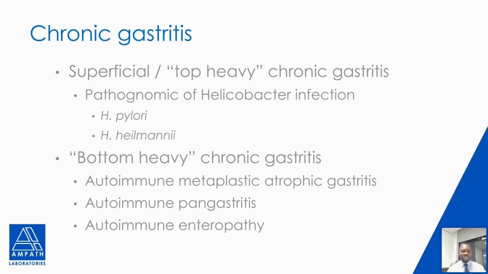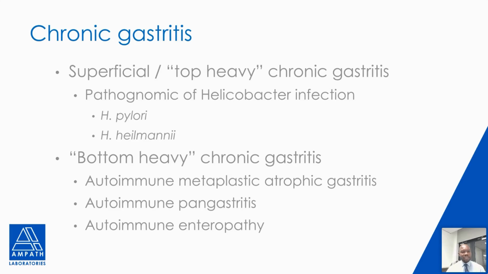So is the inflammation involving the superficial parts of the mucosa, the bottom parts of the mucosa, or is it a diffuse involvement of the mucosa? That is very helpful in deciding the possible cause of your gastritis.